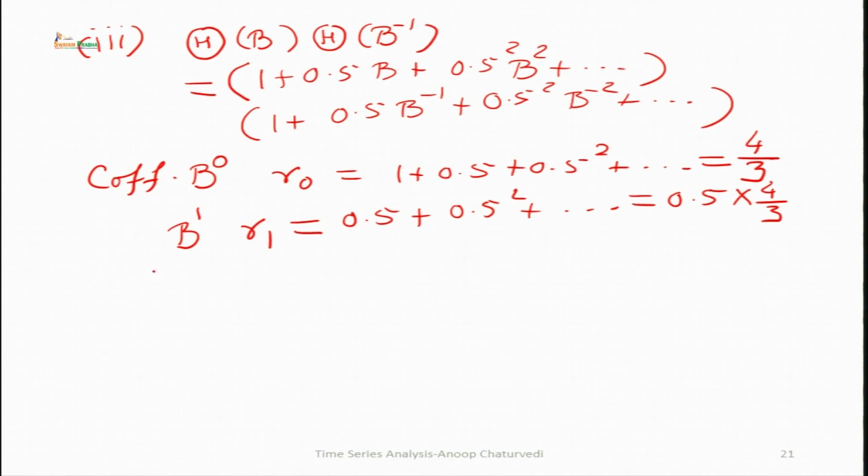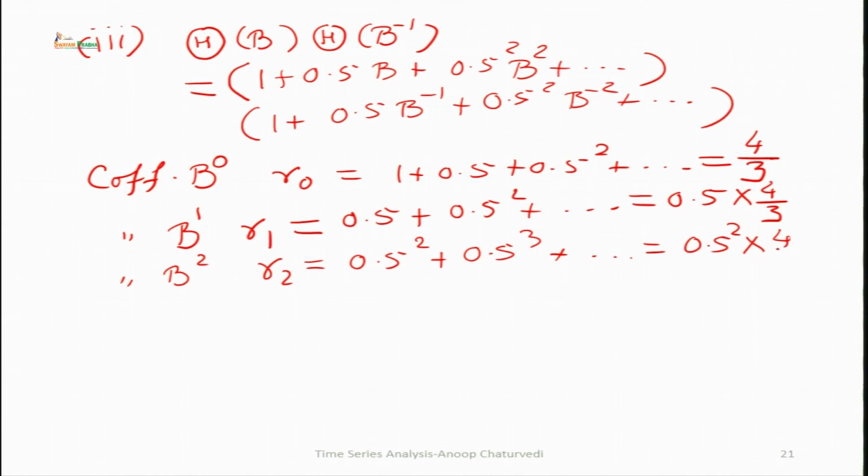Similarly, the coefficient of B square will give you gamma 2, and then you can easily verify that this is 0.5 square into 4 by 3.